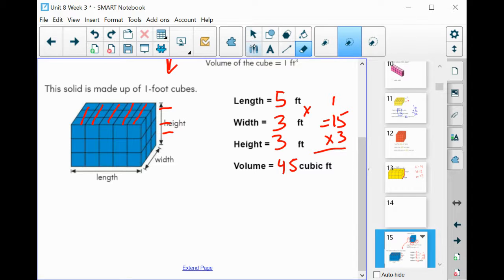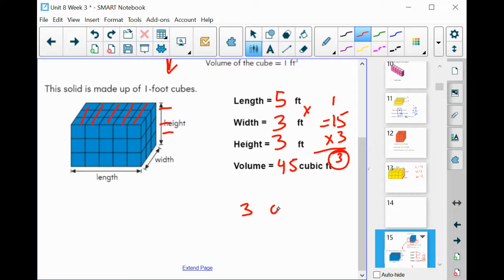Also, here's where you might see that little baby exponent 3, like that. And 3 means cubic, because when we look at our cube, we are finding how many of them are in here. Do you see now that this has a length, a width, and a height? We are multiplying how many dimensions? Yep, 3 of them.